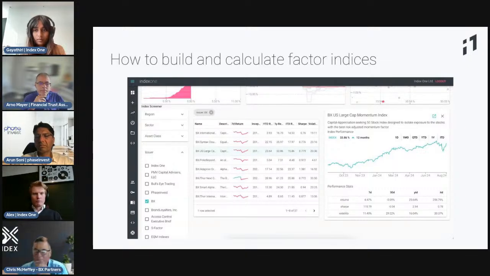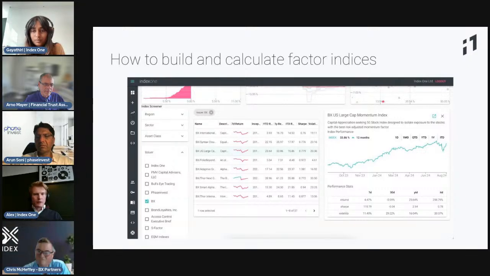What I find really interesting at the moment in the index space overall is how advanced these factors are becoming. Even if you go back just a few years, what was called smart beta was not, in my view, that smart. It was typically based on classic Fama-French 3 or 5 factor models measured in very basic ways, rebalanced very infrequently.